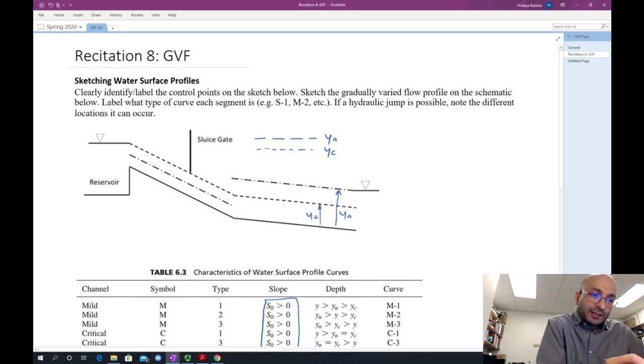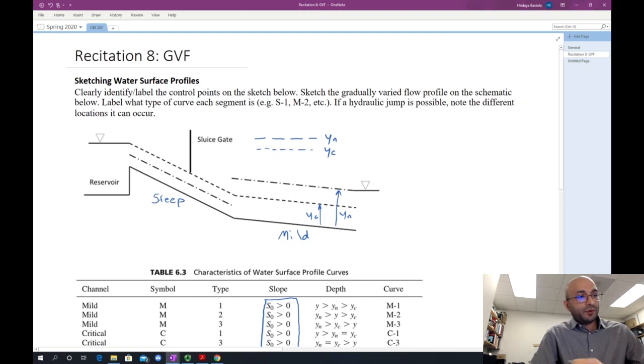The normal depth is greater than critical depth, so that makes it a mild channel. For the upstream section, the normal depth is smaller than your critical depth, so that makes it a steep channel.